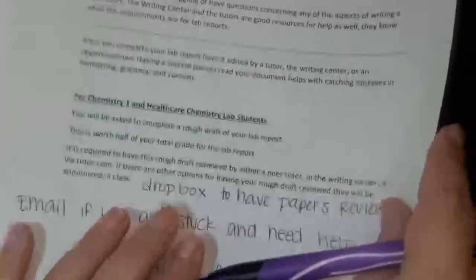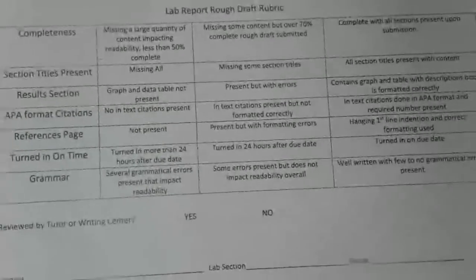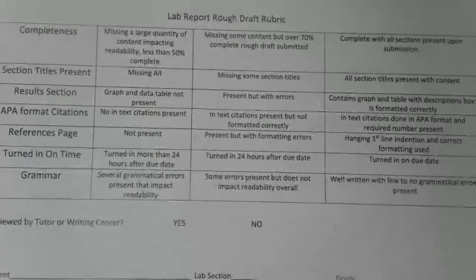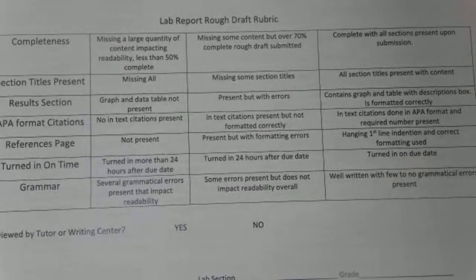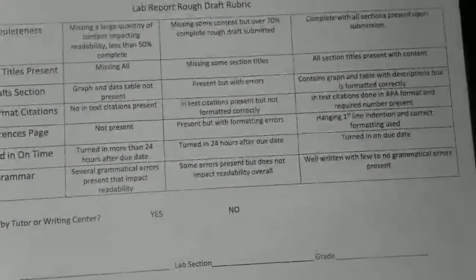So this is the rubric that is used when your paper is graded. Your rough draft will have lots of suggestions and edits on it, but that is not necessarily what's going to impact your grade.